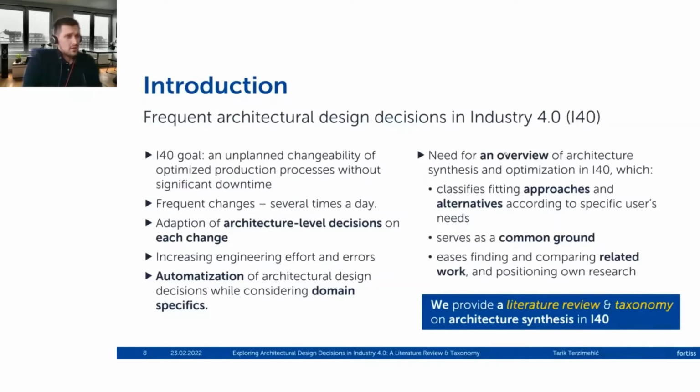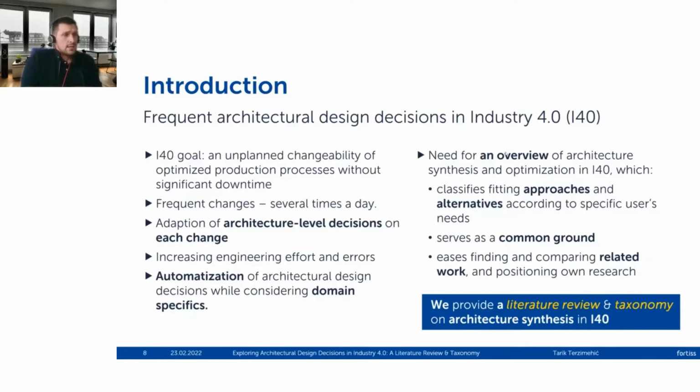But also we can use this overview as a common ground, because what we face in different research projects is that we use different terms for different decisions. For example, production planning is also called service composition or task assignment. So there is a misunderstanding between different projects and different research works. So it would be nice to have a common ground for this.